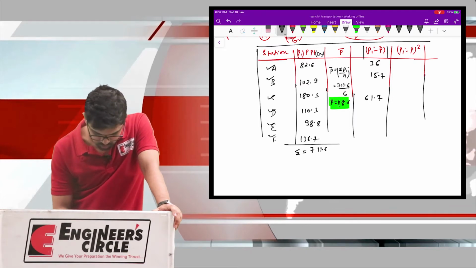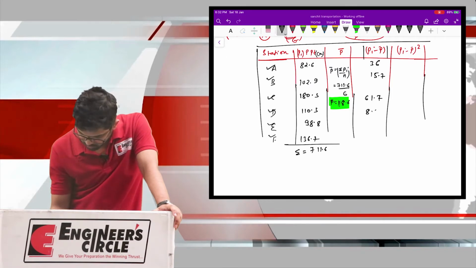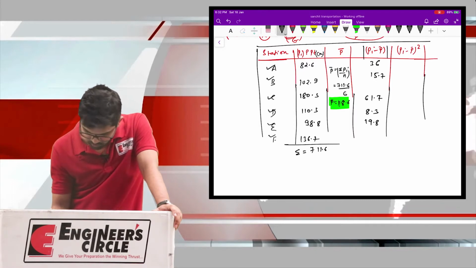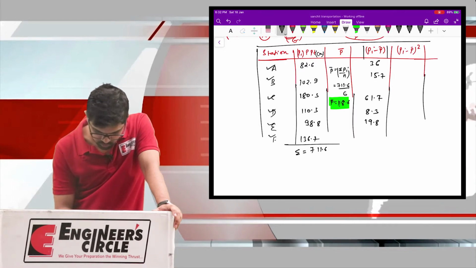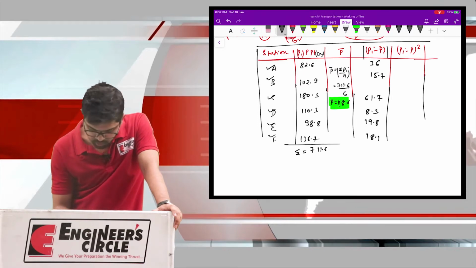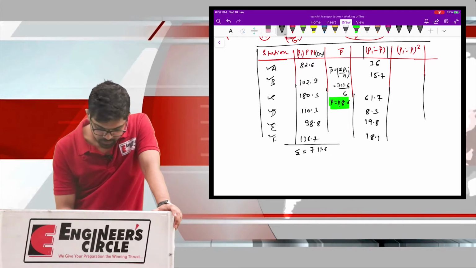Then 110.3 minus 118.6 gives 8.3. Then 98.8 minus 118.6 gives 19.8, and then 136.7 minus 118.6 gives 18.1.